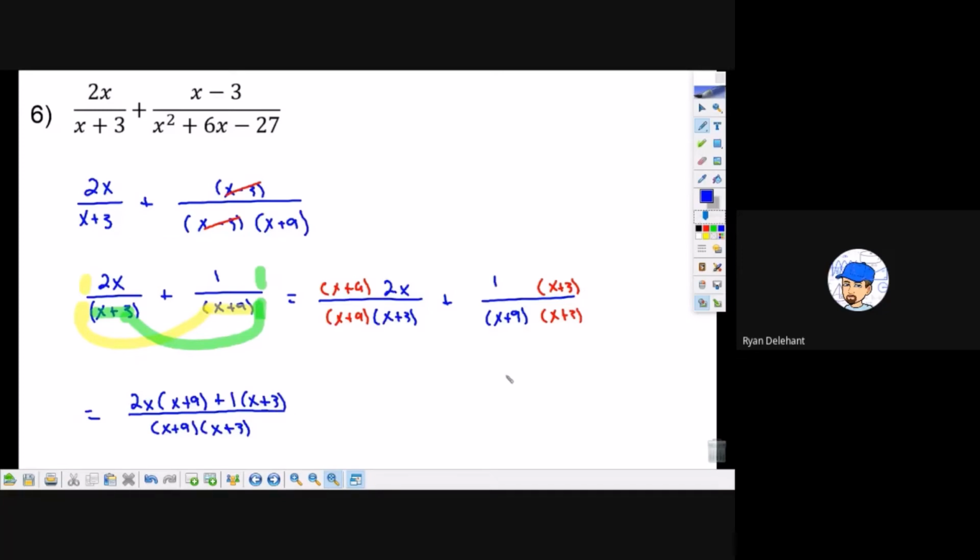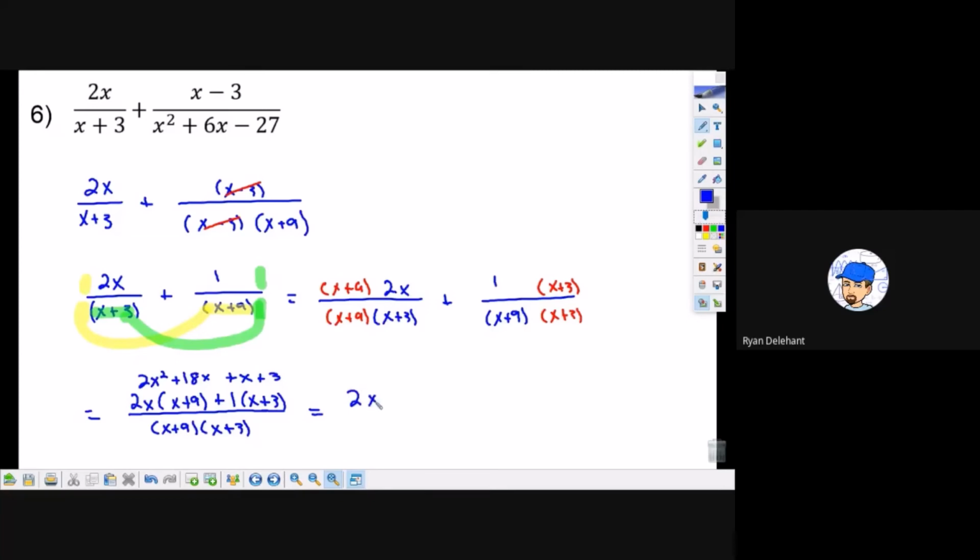And just like the last one, we just need to clean up the top and then see if there's any common factors from the bottom that'll cancel out. So we need to multiply this across. So 2x times x is going to give you 2x squared. 2x times 9 is going to give us 18x. And then we're going to get plus x and plus 3.